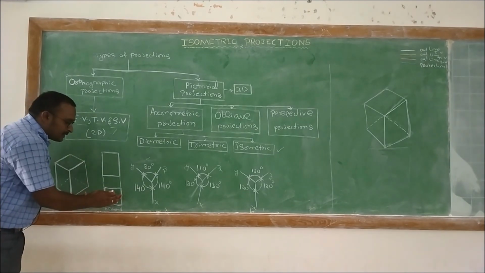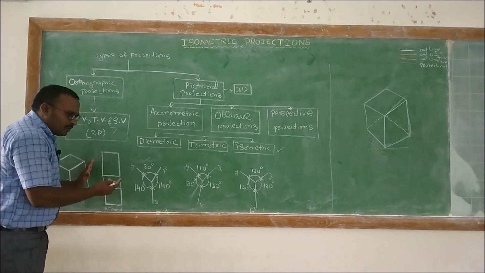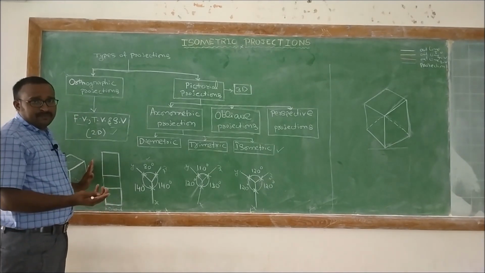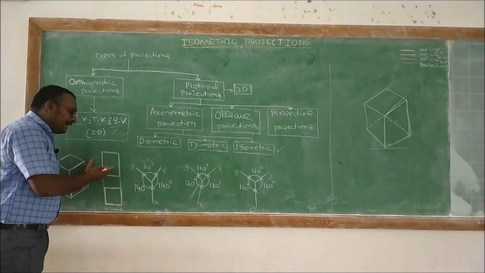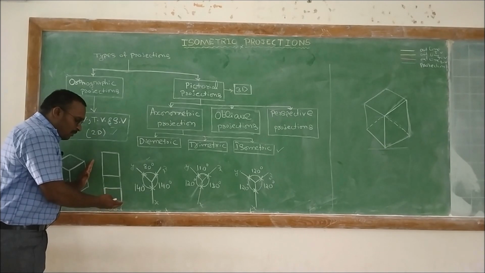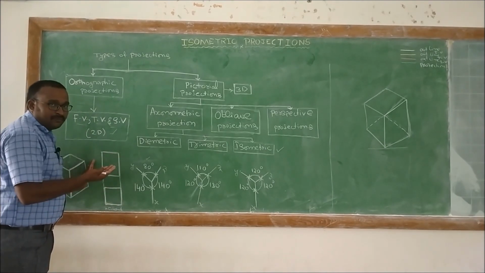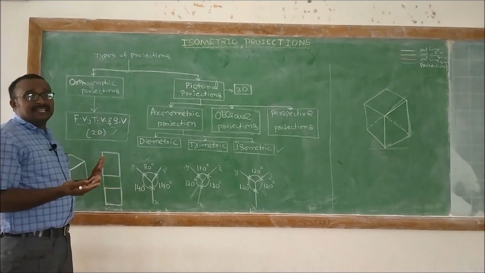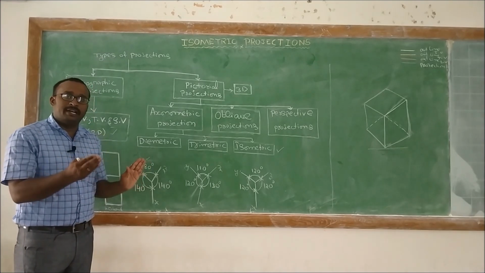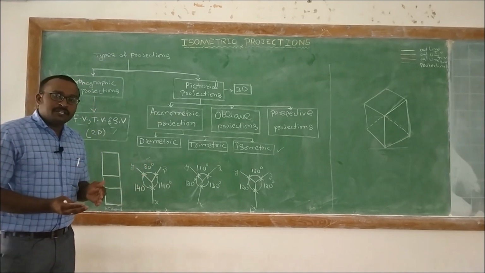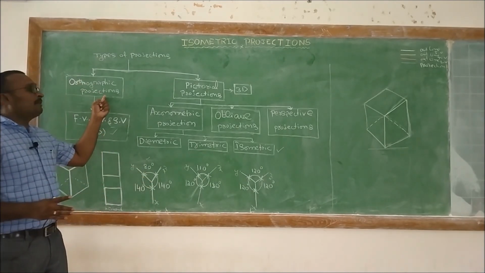If you have drawing skills, you can understand easily what it is. For example, in the top view we have a square and in the front view we have a rectangle, so we can imagine that it is a square prism. But an illiterate person cannot identify what component it is. That means the information related to the object may not be clear in orthographic projections.